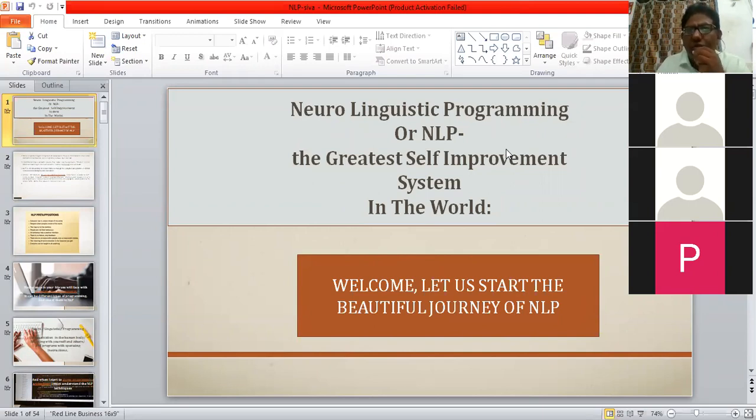Physical element means whatever you are able to see in your body, for example your brain, neurons, your hands, fingers, your total body.